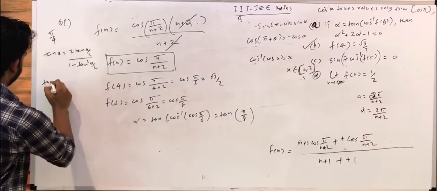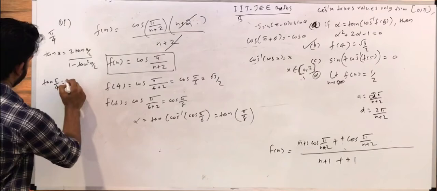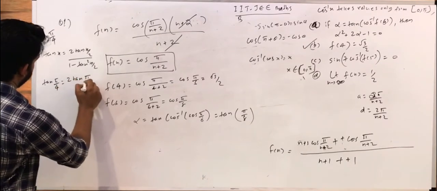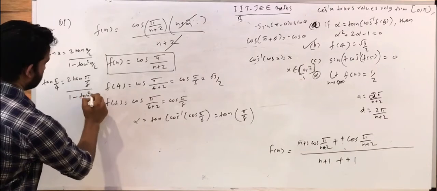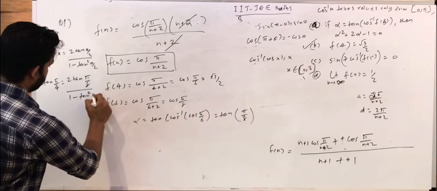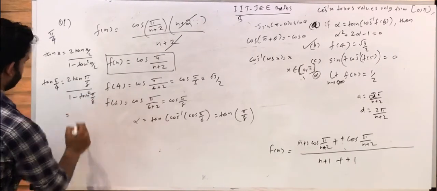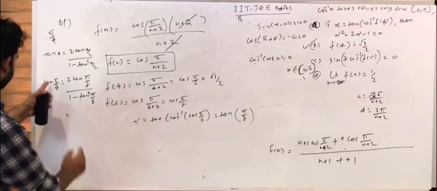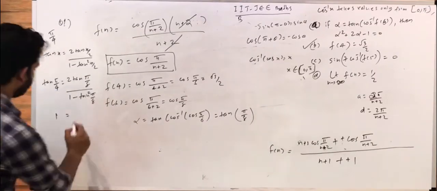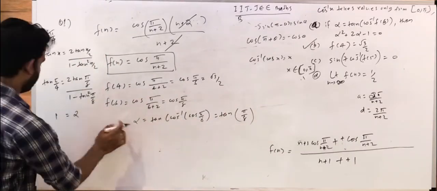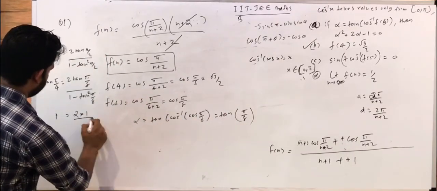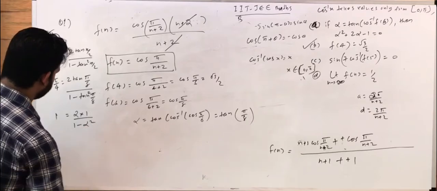So tan pi by 4 we can write as 2 tan pi by 8 divided by 1 minus tan square pi by 8. Tan pi by 4 we know that is 1. 2 into tan pi by 8, alpha is given, divided by 1 minus alpha square.